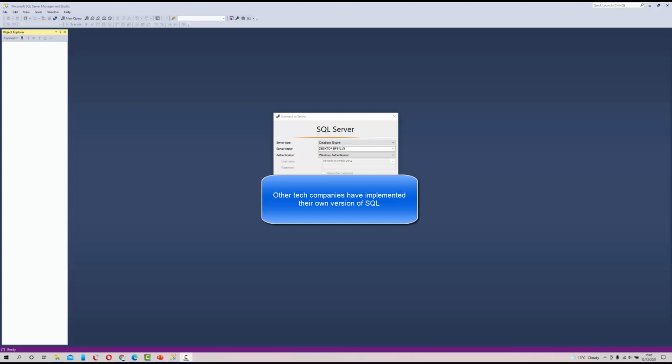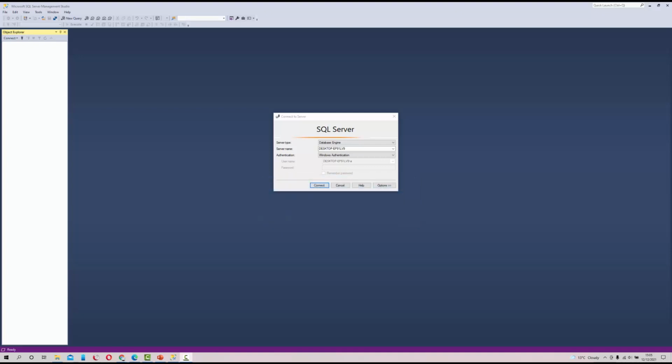But essentially, there's two parts to SQL Server, or learning SQL, and you must be aware of both parts. There's the server part, and then there is the language itself.